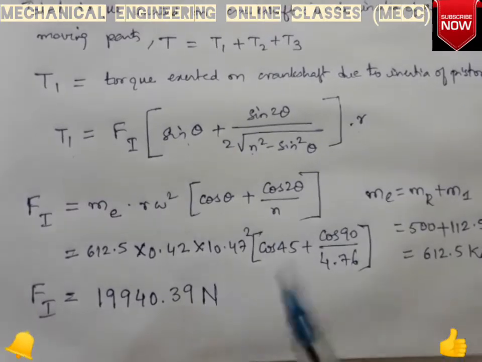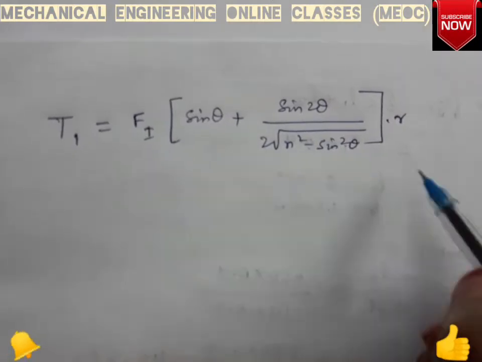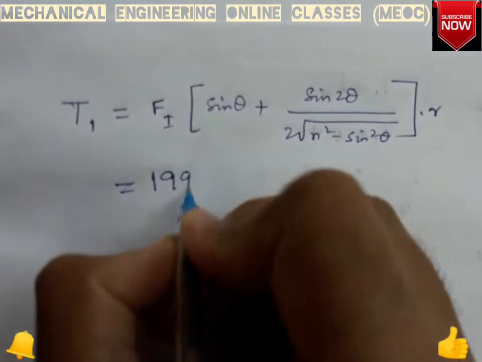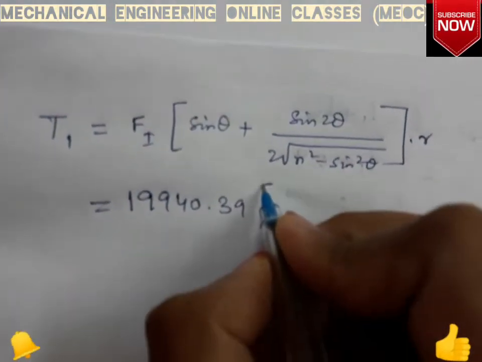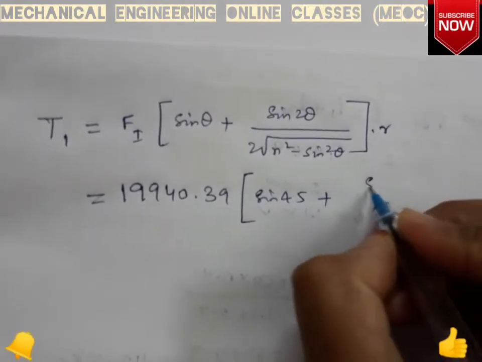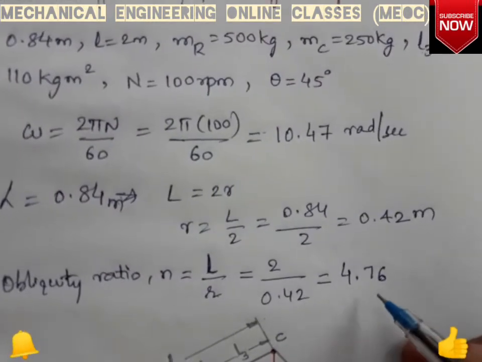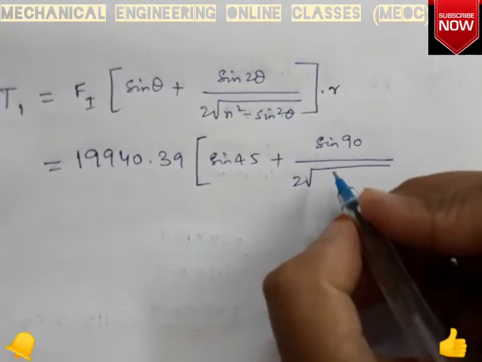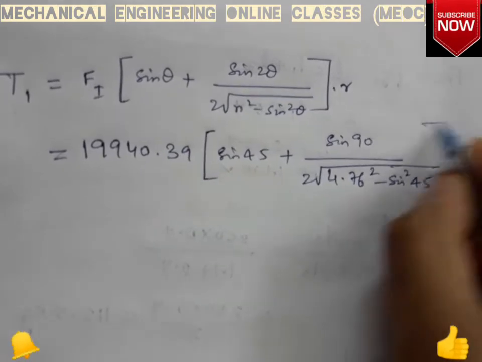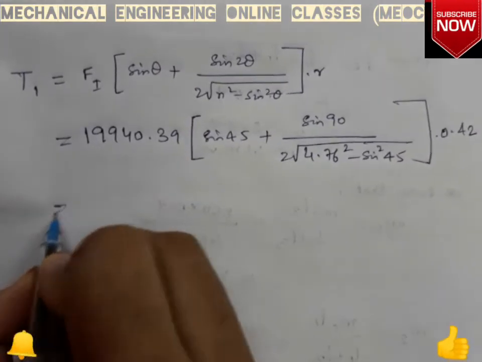Substituting Fi and the other values, we get T1, which is the torque exerted on the crankshaft due to inertia of the piston. This is the expression for T1. We know Fi as 19,940.39 multiplied by sin 45 plus sin 90 by 2 root over n, which is 4.76, squared minus sin square 45, into r, which is 0.42.